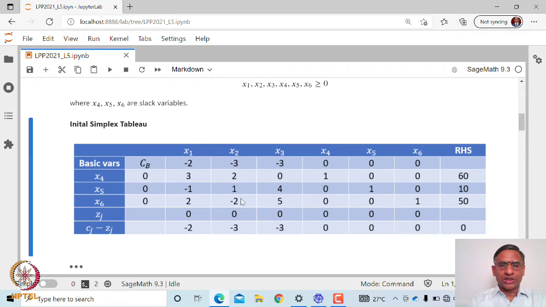Similarly, for x6, this -2 has to become 0, so we multiply the row corresponding to x5, the pivot row, by -2 and subtract from the row x6. We do exactly the same with the last row, which is Cj minus Zj: we multiply the x5 row by -3 and subtract from the last row. That is the elementary row operation using which we will update this simplex table.